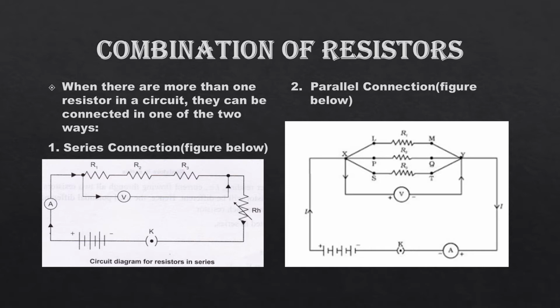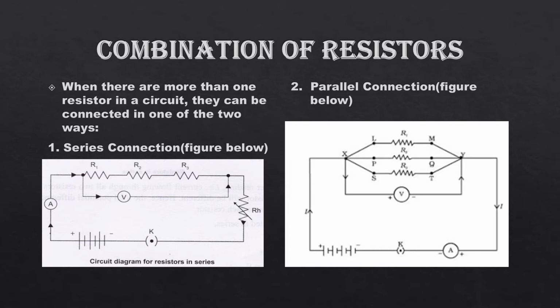A series connection is the one you see in the first diagram. Like we discussed earlier, suppose you are drawing a rectangle. Now you can rub the line of that rectangle and draw R1, R2, R3. So all the three are in the same line, part of the same rectangle.